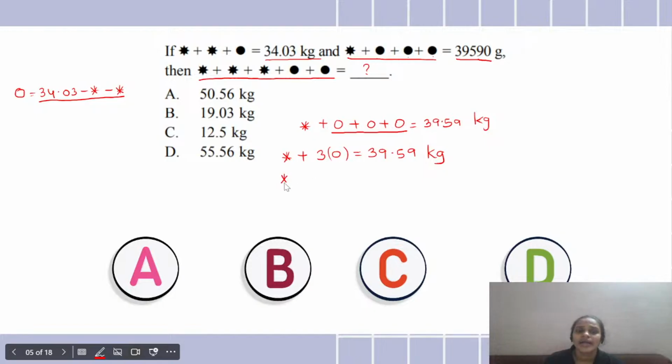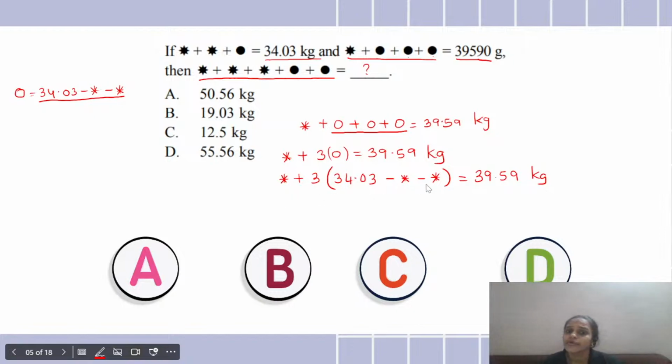Now, I am going to replace the circle: 3 times (34.03 minus star) equals 39.59 kg. I hope till here everything is clear.